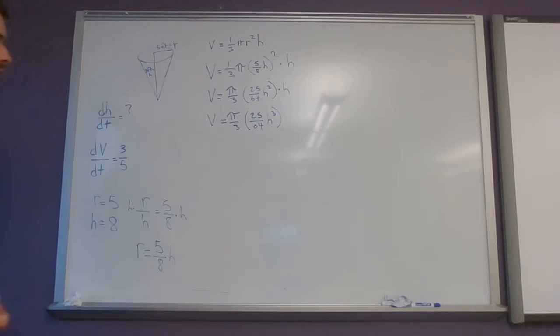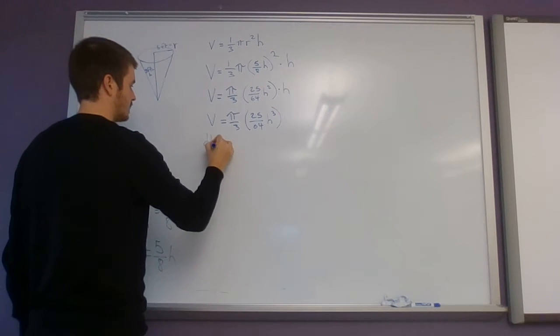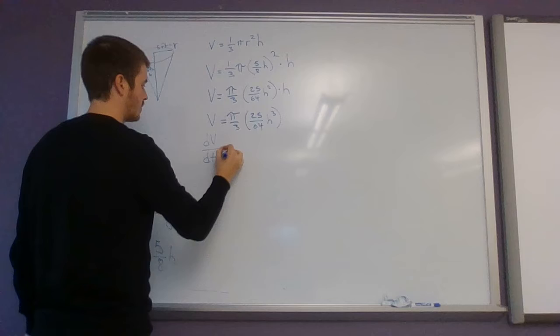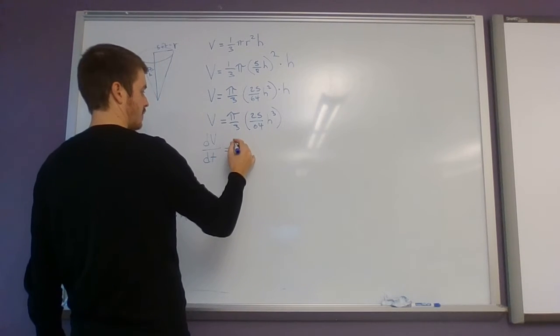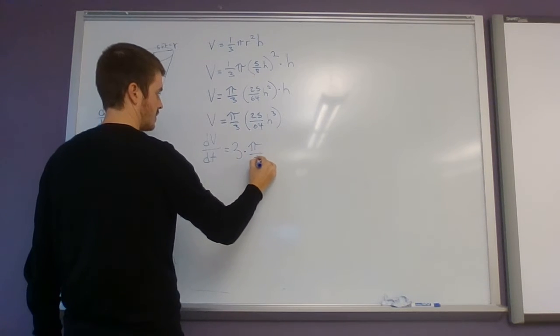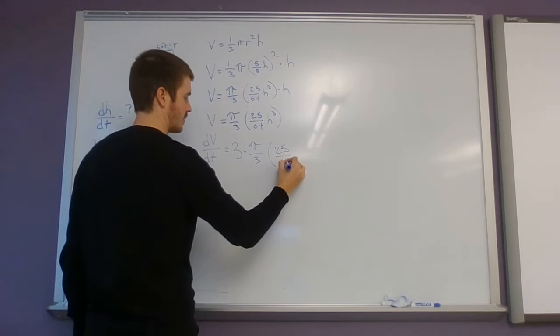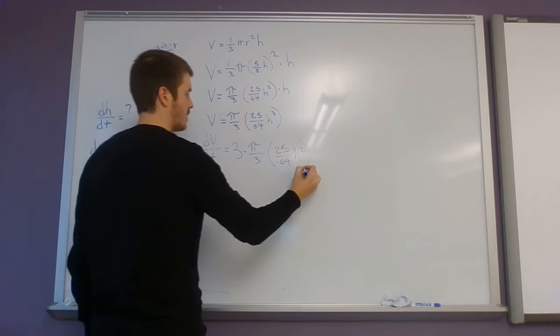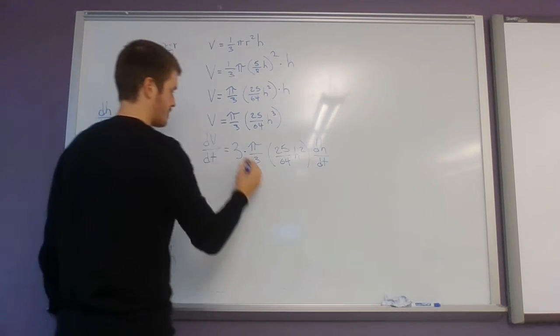Now I'm going to go ahead and derive with respect to time. So we're going to get dv dt equals, we're going to take that 3, pull it up front, 3 times pi over 3 times 25 over 64 h squared, with respect to time.